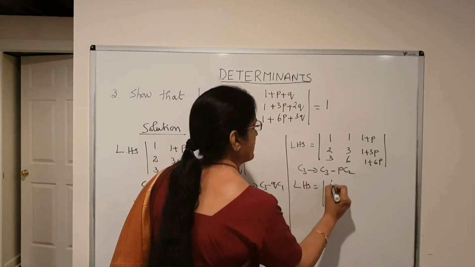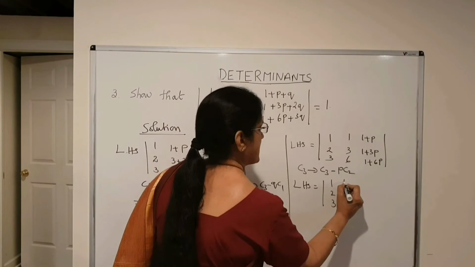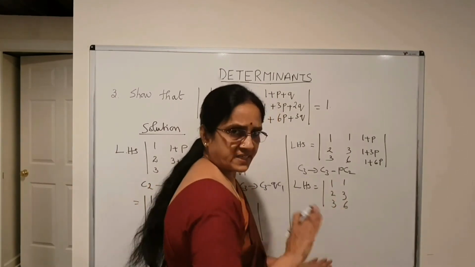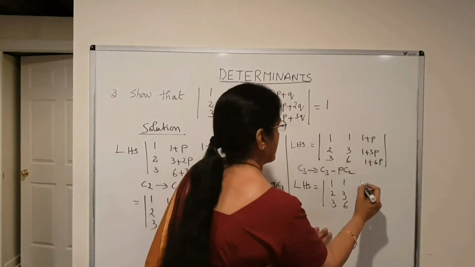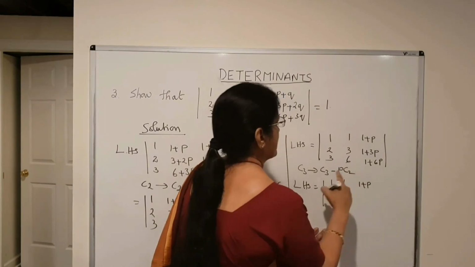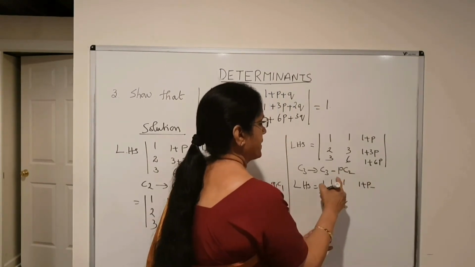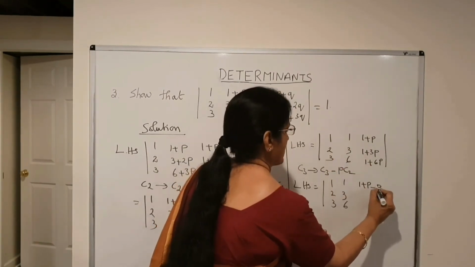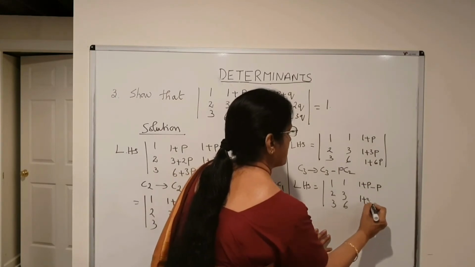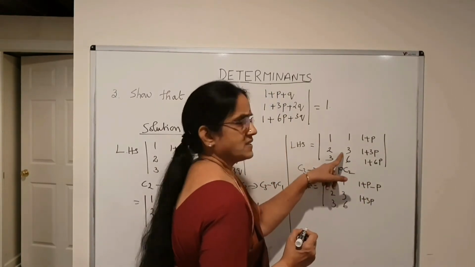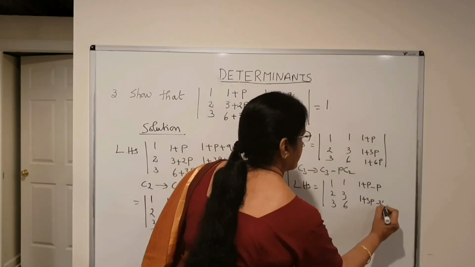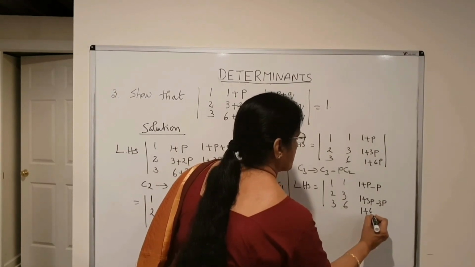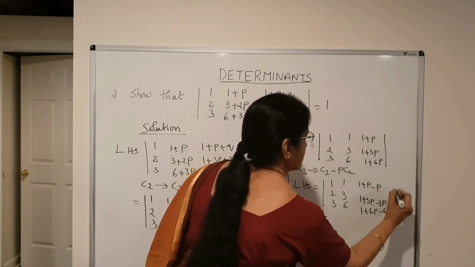Now what will happen to LHS? LHS will be, first column will remain the same. Second column also there won't be any change. Third column it will be 1 plus P minus P times C2. That will be minus P. Here 1 plus 3P minus 3P. Then 1 plus 6P minus 6P.